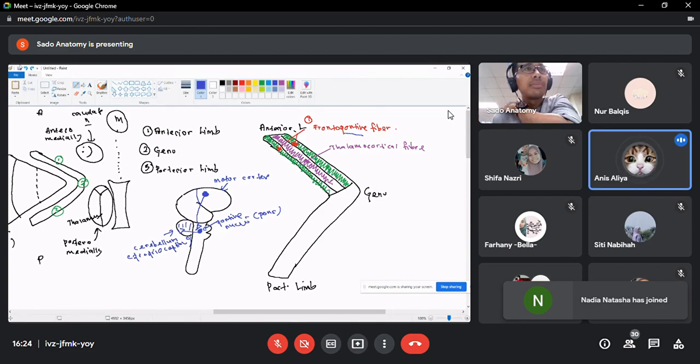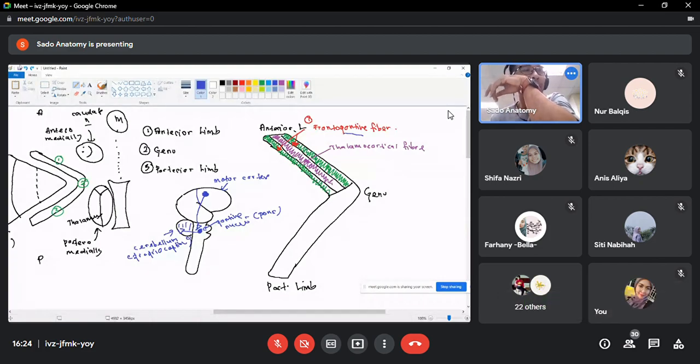Joint corpuscle. All right, okay. Listen carefully, this is how you define proprioception. Proprioception is a type of sensation which comes from the musculoskeletal system. Number one, it comes from your muscle spindles, your muscles.